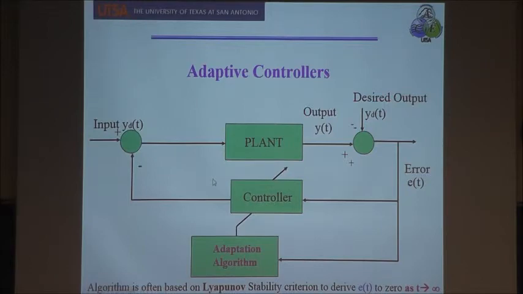Based on the Lyapunov function and Lyapunov stability, you can design an adaptation algorithm which controls your controller. It changes its behavior in real time to keep up with the changes in the plant. This is what's called adaptive control. And we have a course on that in our department, which you can take.